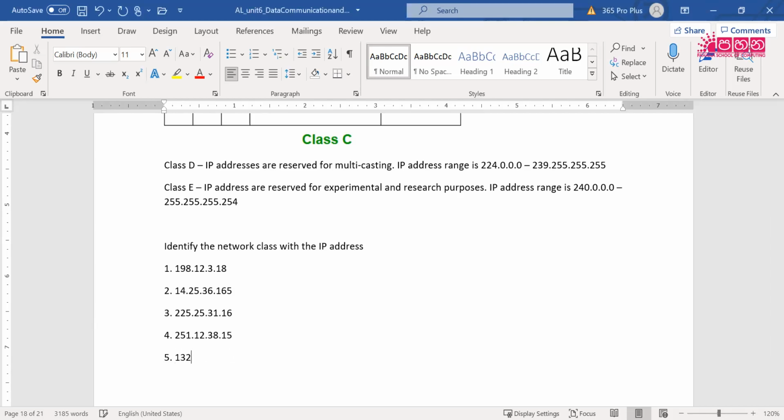And then 32, and then 47. Right. So just identify what are the respective classes.